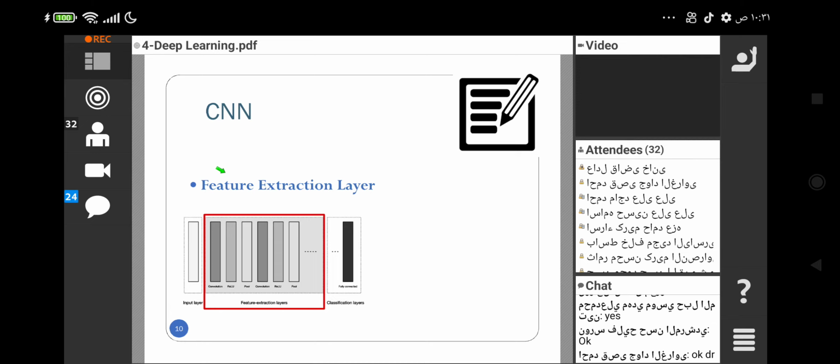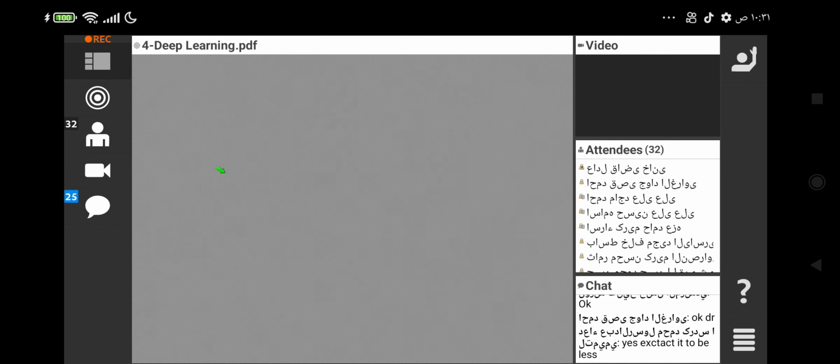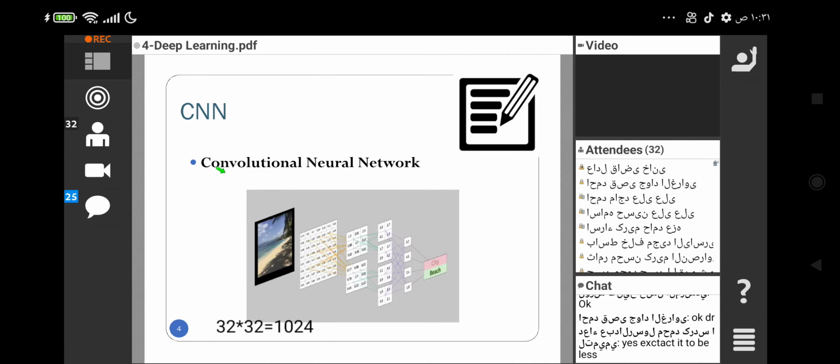Let me show you this image again. This image tells what we are doing. It says that this image is being converted to this, and then to this, and then to this.